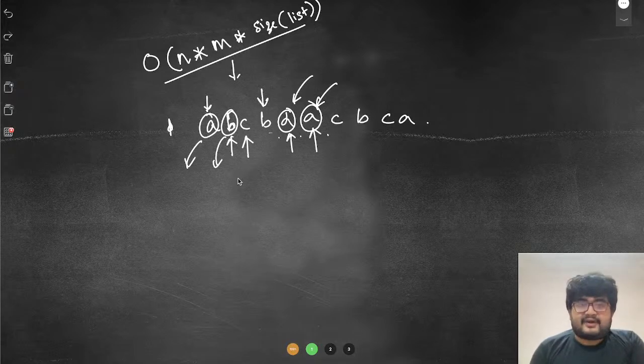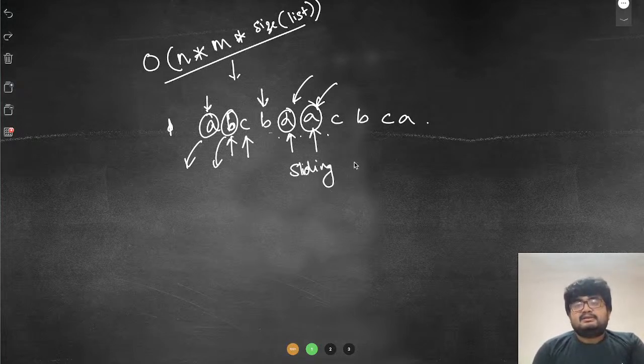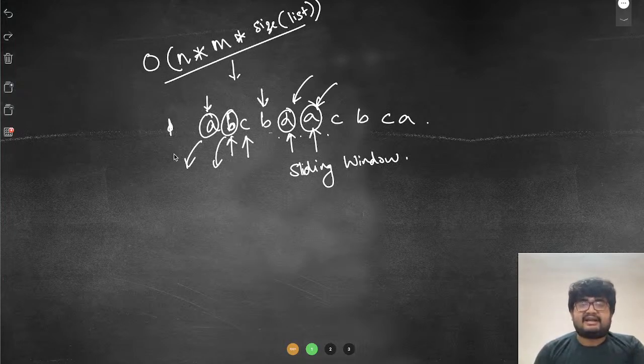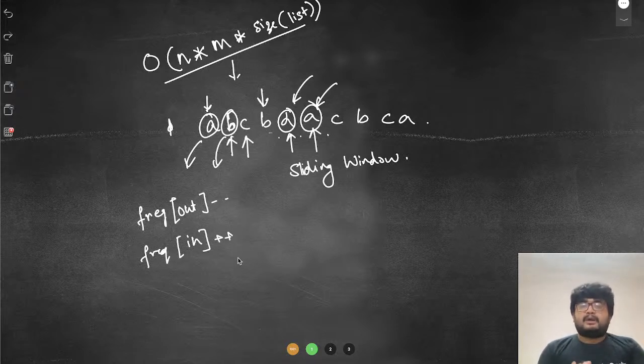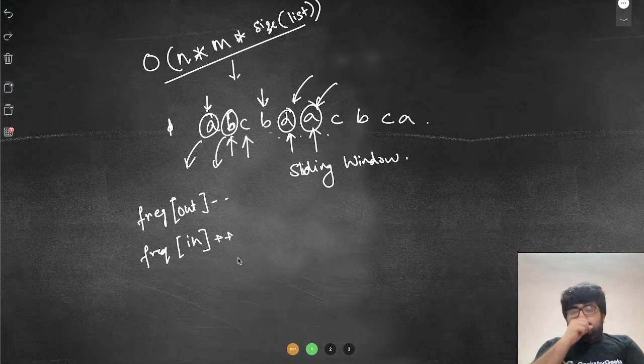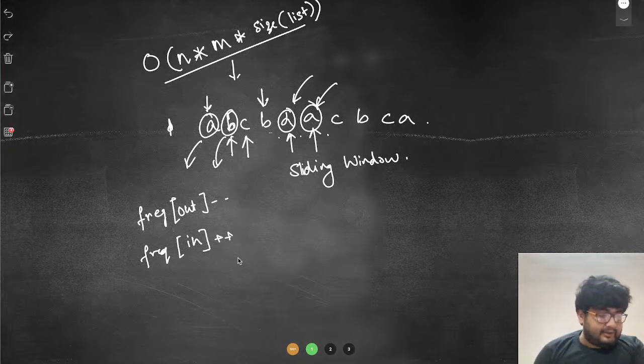So we already know our approach for this, right? Whenever we are considering all windows of size k, we know an approach to do this optimally using sliding window. So we will use the sliding window approach to generate all the substrings. We do not need to generate the substring, we just need the frequency of the characters, right? Whichever character is going out, we'll do frequency of out minus minus, and similarly for whichever character is coming in, we'll do frequency of in plus plus. So we just need to update the frequency using a sliding window approach.